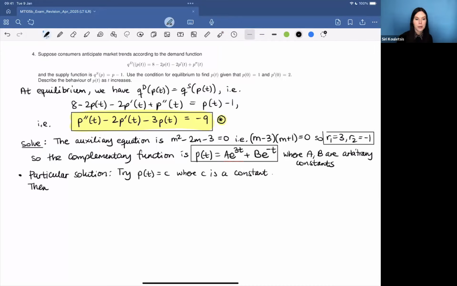And with P of t equals c, P prime of t is 0, and P double prime of t equals 0. And then we substitute that back into the differential equation.